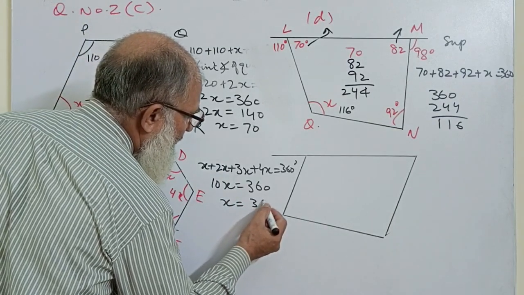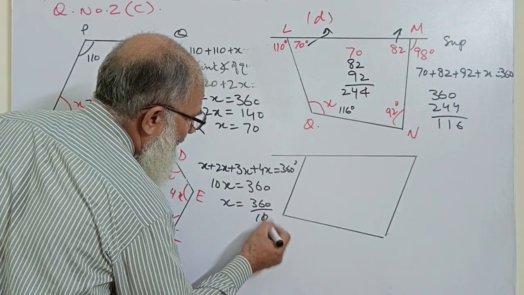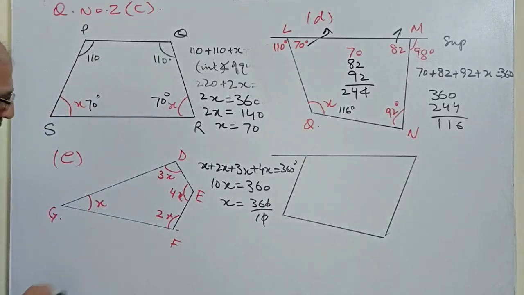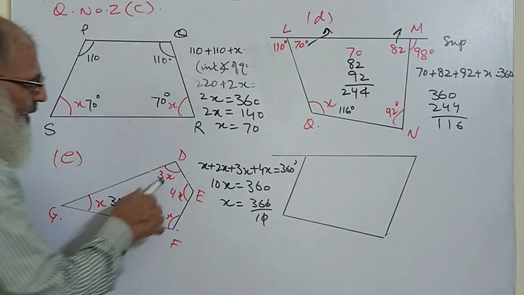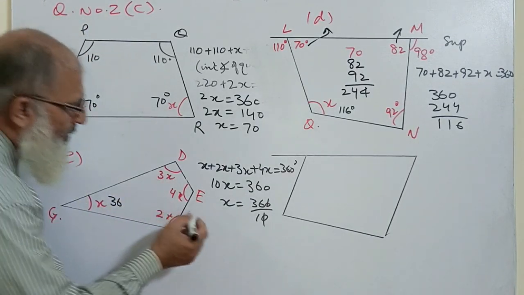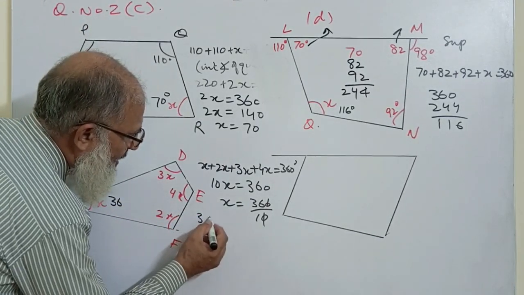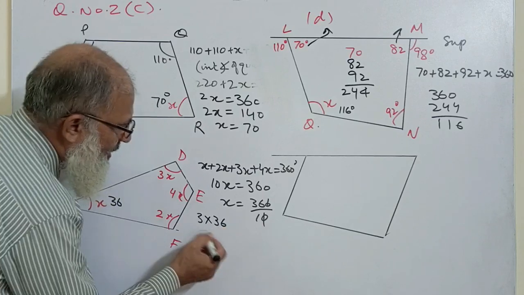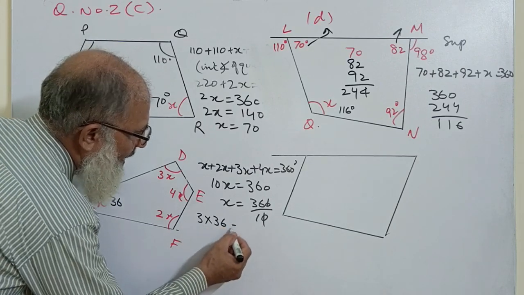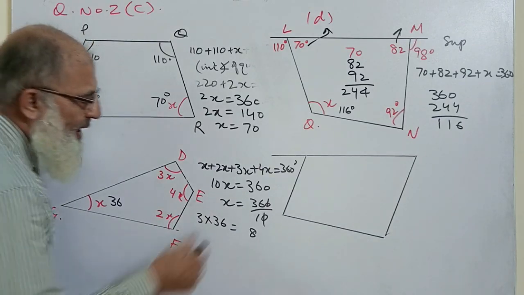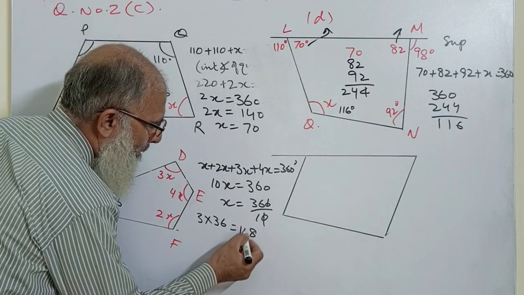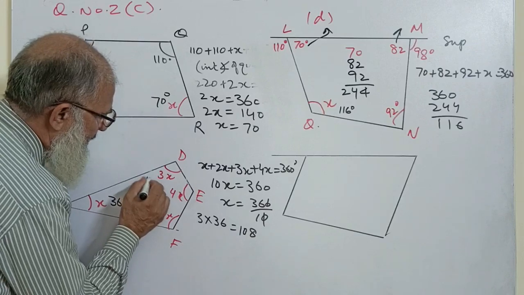It will be divisible by 10 and you see that it is equal to 36 degree. Now this angle is equal to 36 degree. If we multiply 3 with 36, it will become 108. Now this angle is 108 degree.